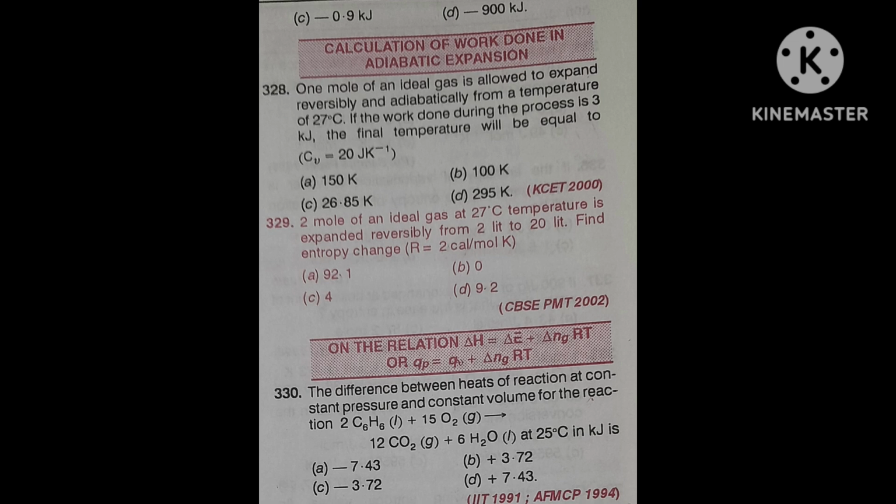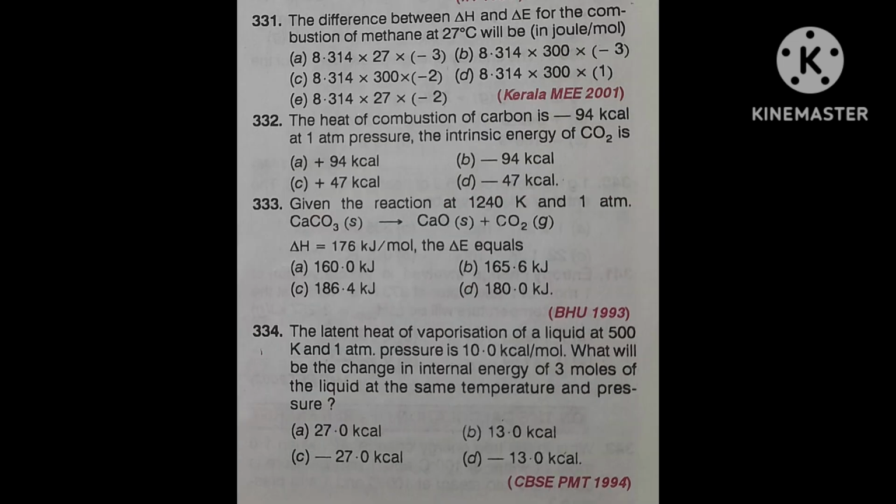The liquid product you do not consider, only the gaseous one. In the gaseous state, the product is 12 CO2 that you consider, not the 6 H2O liquid. On the reactant side, benzene is liquid, so you do not consider it, but 15 O2 you consider. Then product minus reactant, 12 minus 15, is minus 3.